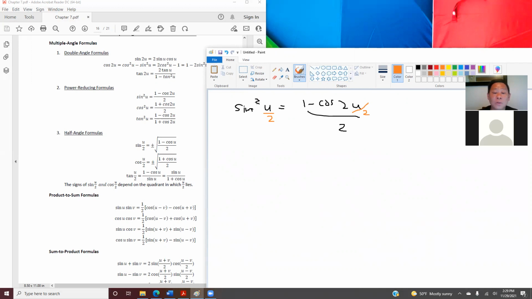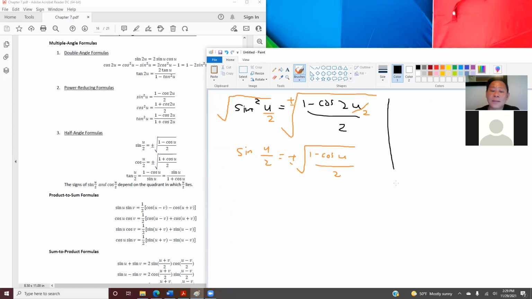Since I just want sine u over 2, I need to get rid of the square, so I take the square root of it and put a plus minus. So what we have in this case is sine u over 2 is plus minus the square root of 1 minus cosine u over 2, because when you cut this by half, the cosine 2u becomes cosine u. So that's why you get this formula here.